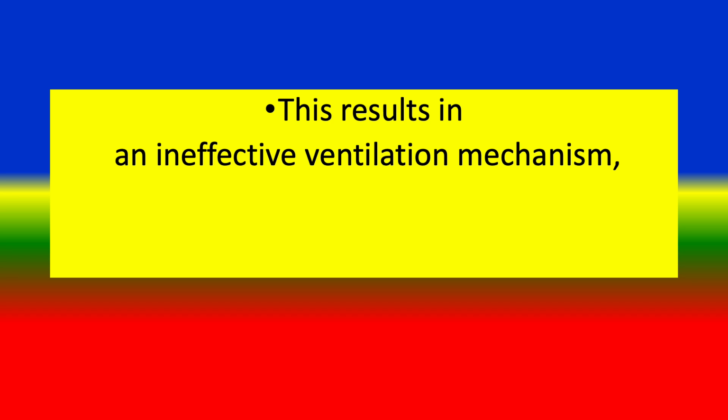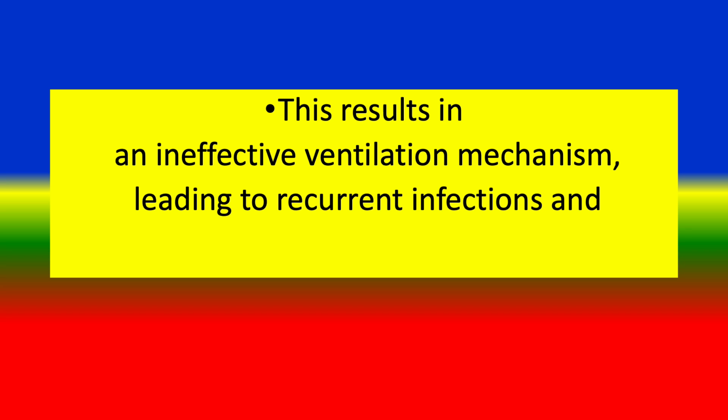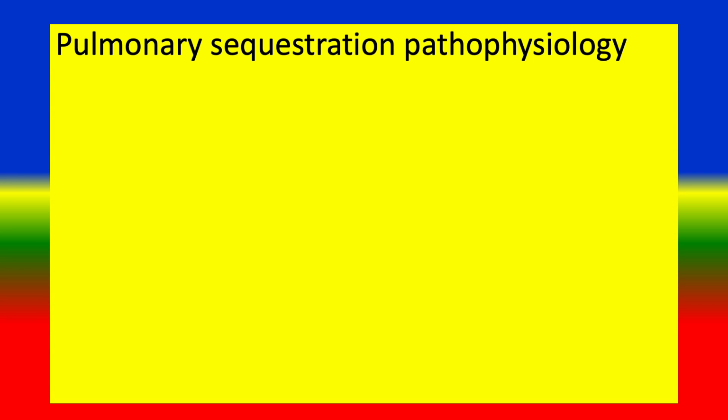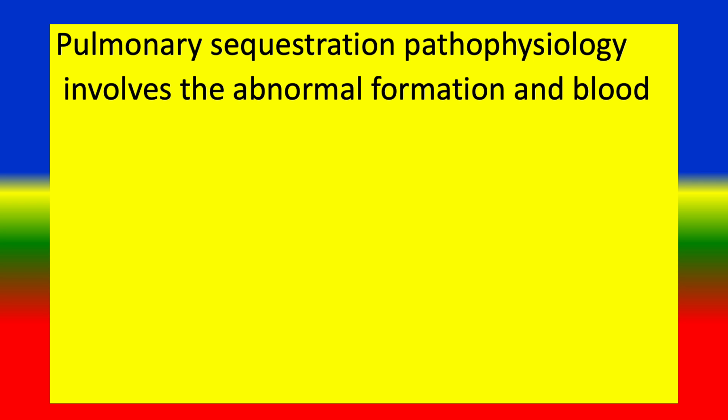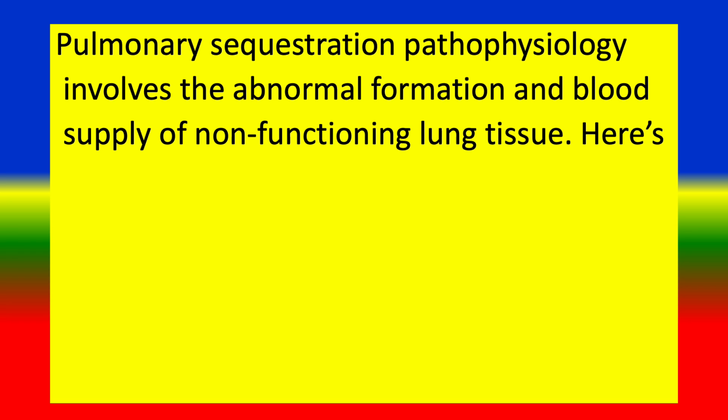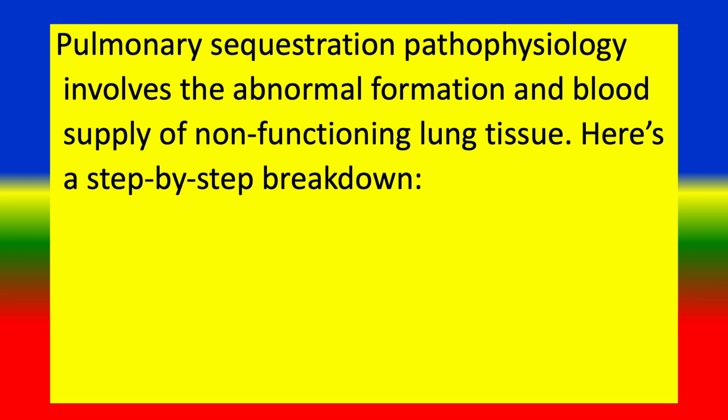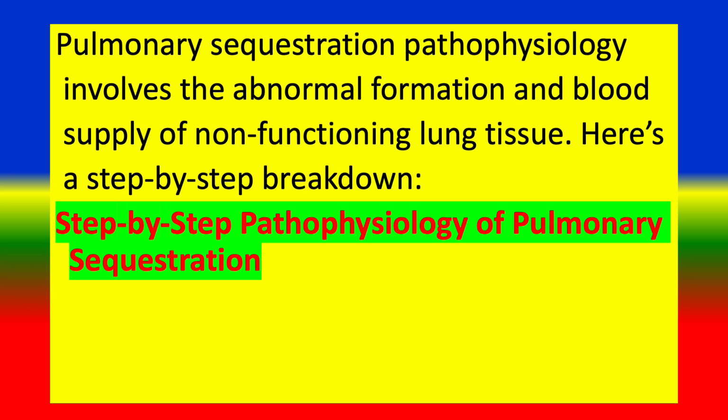This results in an ineffective ventilation mechanism, leading to recurrent infections and respiratory issues. Pulmonary sequestration pathophysiology involves the abnormal formation and blood supply of non-functioning lung tissue. Here is a step-by-step breakdown.